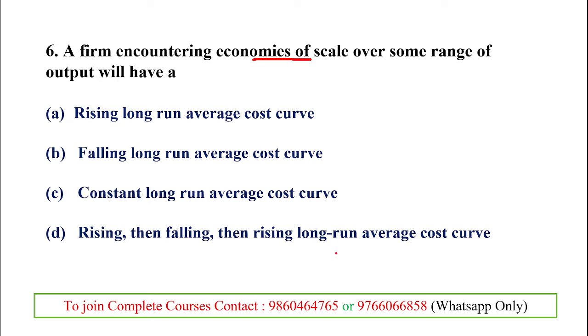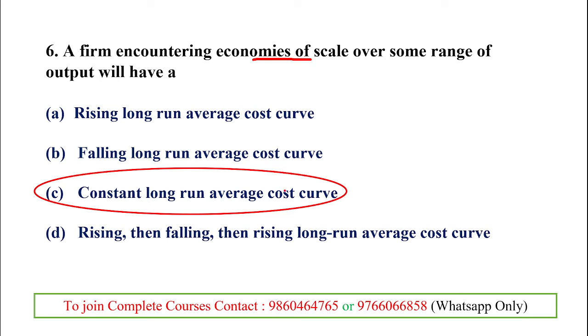The answer is constant long run, because under economies of scale the firm is in a safe, profitable situation. At that time, the long run average cost is fixed, or constant, or it can be a beneficial position.